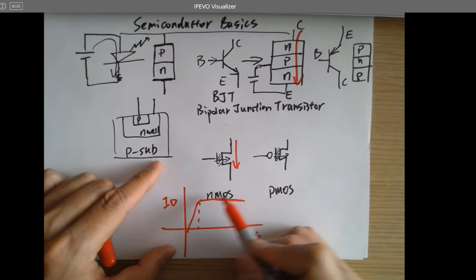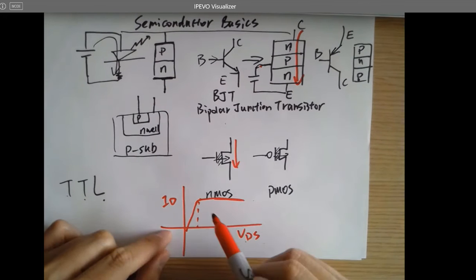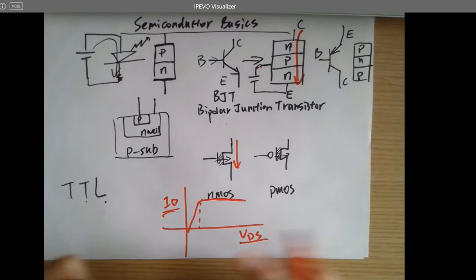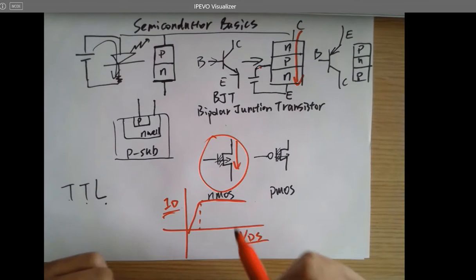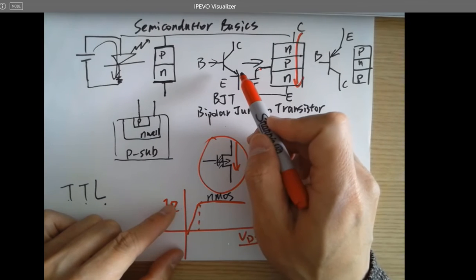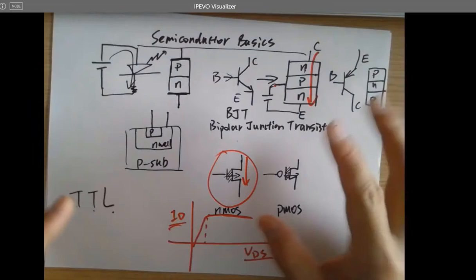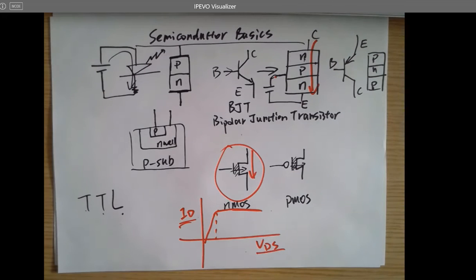So we can consider this as a current source because it's not changing anymore. It's providing a constant current value. So this current is being controlled by voltage. That's why it's called a voltage controlled current source. So all these guys are voltage controlled current sources, but these BJTs are current controlled current sources. Remember that.